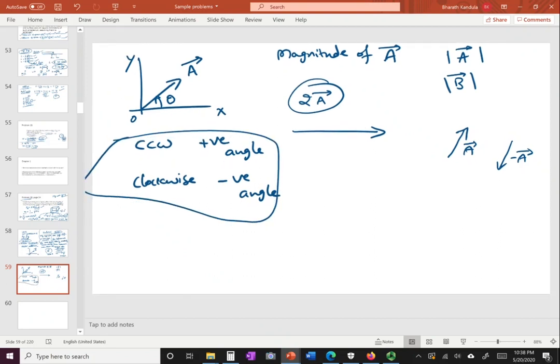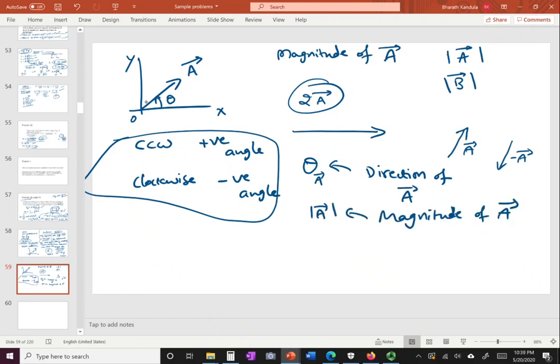So let's say you have vector A making a positive angle with the x-axis. This vector A has some magnitude and some direction, and this theta represents the direction. So theta A gives us the direction of vector A. Now this is the magnitude of vector A. We said any vector can be resolved into two component vectors.